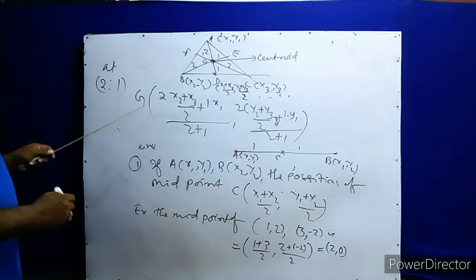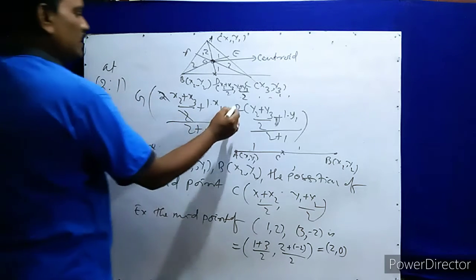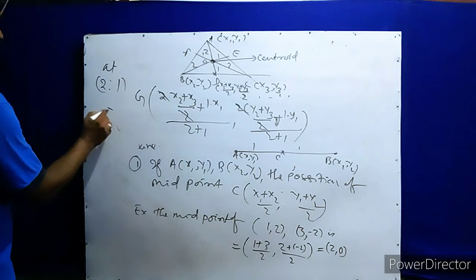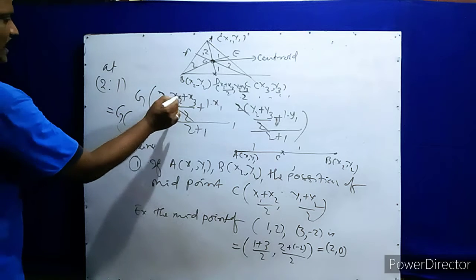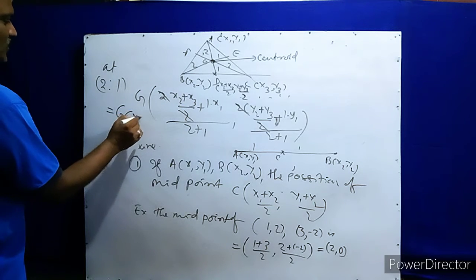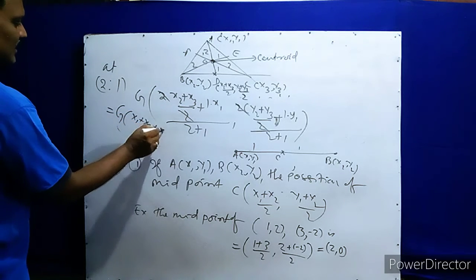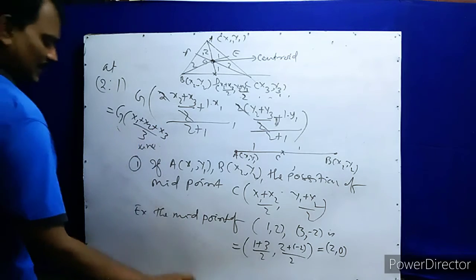This is the internal section formula. On simplification, 2 will cut here, 2 will cut here, also 2 will cut, then we will get the centroid G equal to x1 plus x2 plus x3 by 3, y1 plus y2 plus y3 by 3. This is the centroid.